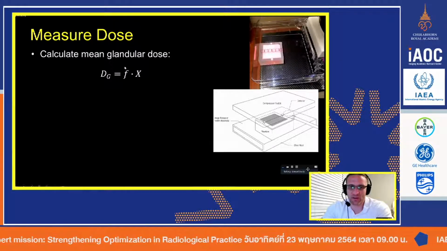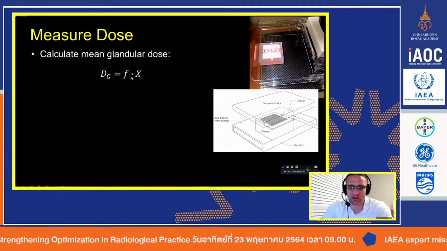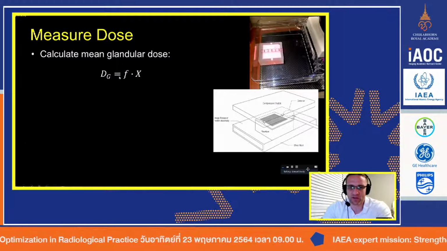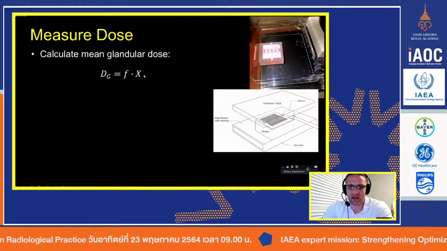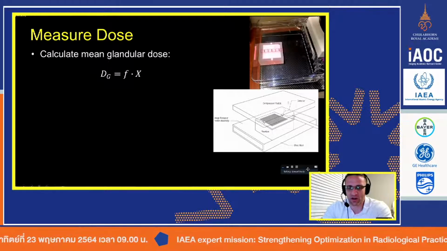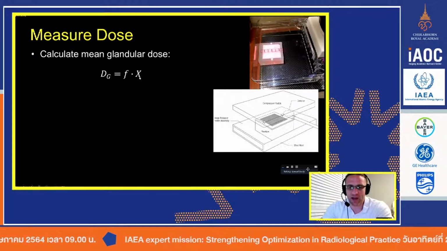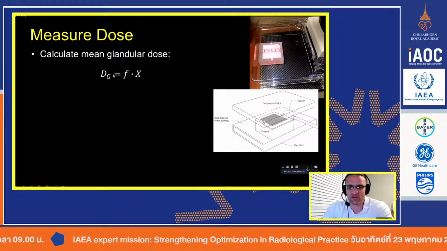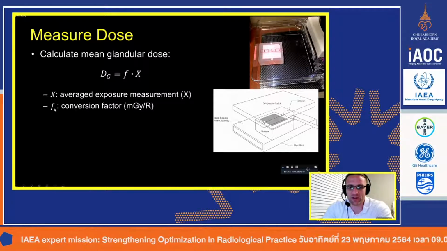So now we need to calculate or look up a correction value F to scale the exposure value, because it's obviously being measured here in air, and we need to make that an actual estimate for mean glandular dose. So how do we do that?